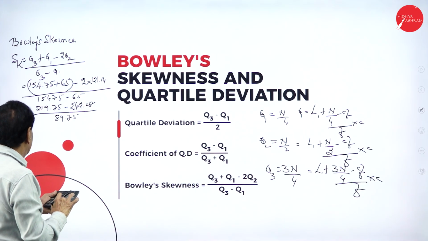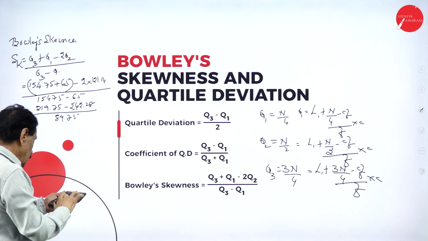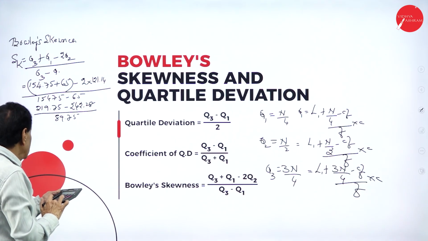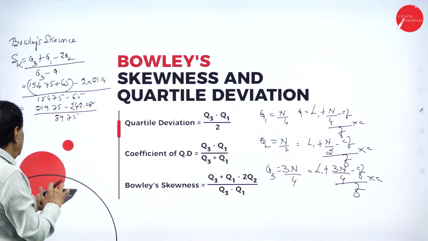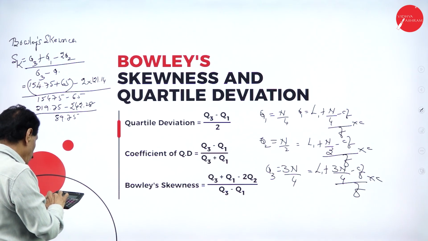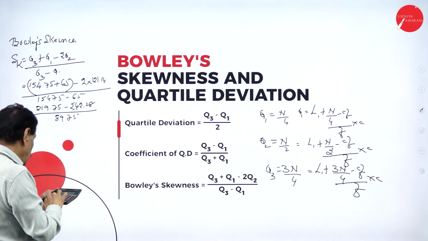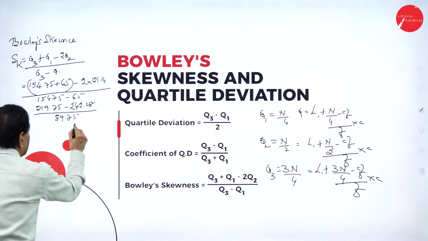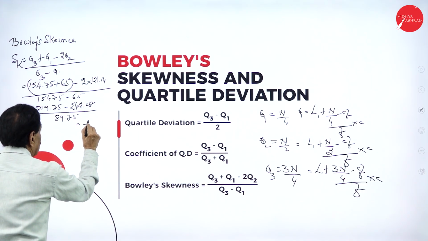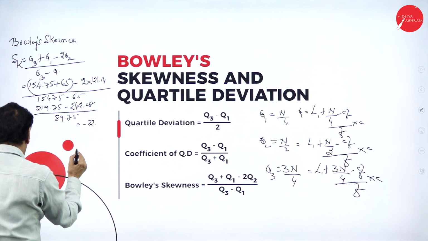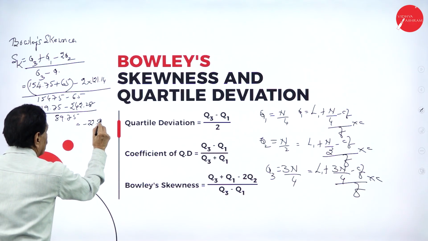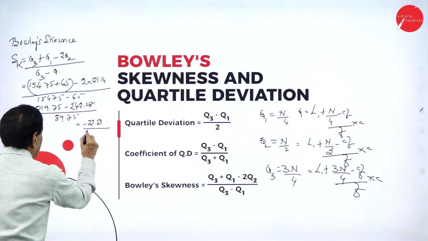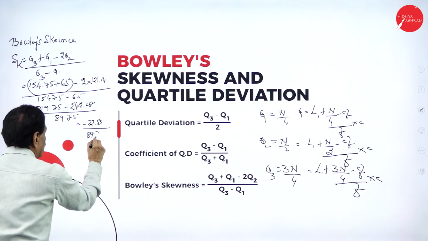So deducting, 219.75 minus 242.28 is minus 22.53, divided by 89.75.